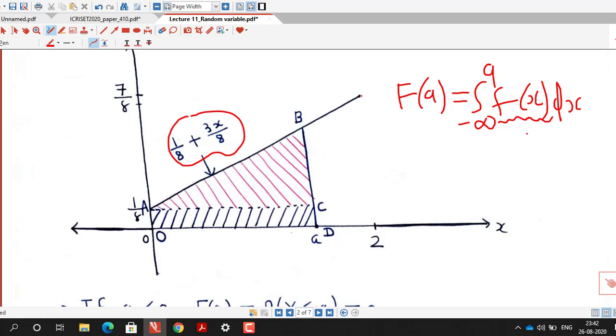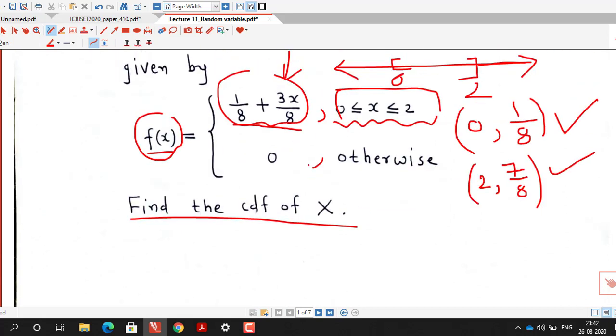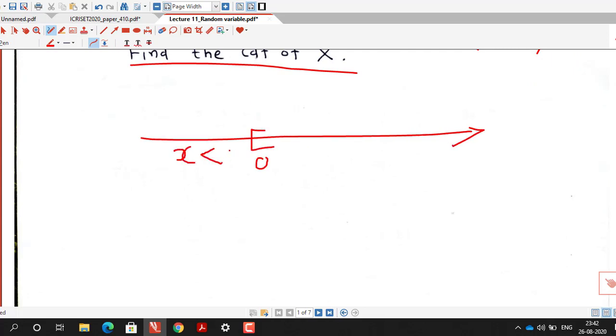Using that concept, if we are able to find the area without doing the integral, then we can do the same problem without integration. So here we will again consider three cases. If x is in this part, then it is negative. If x is lying in this interval between 0 and 2, and if x is here, instead of x we will use another variable, small a.